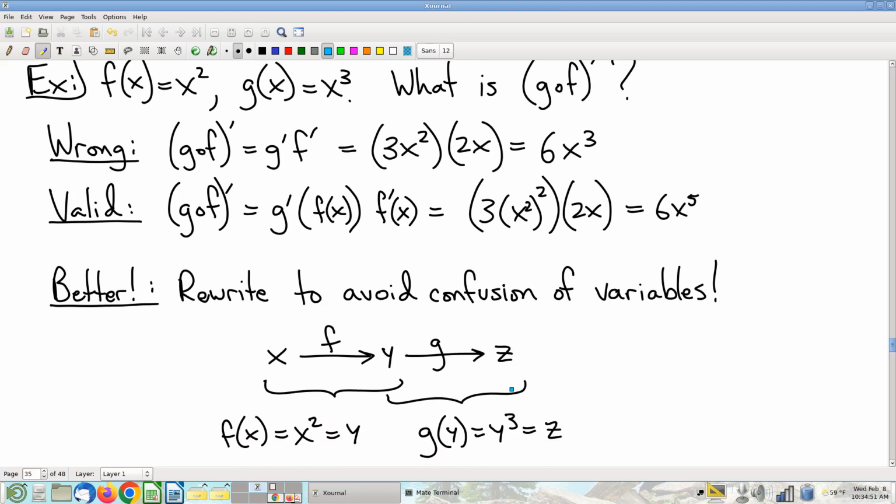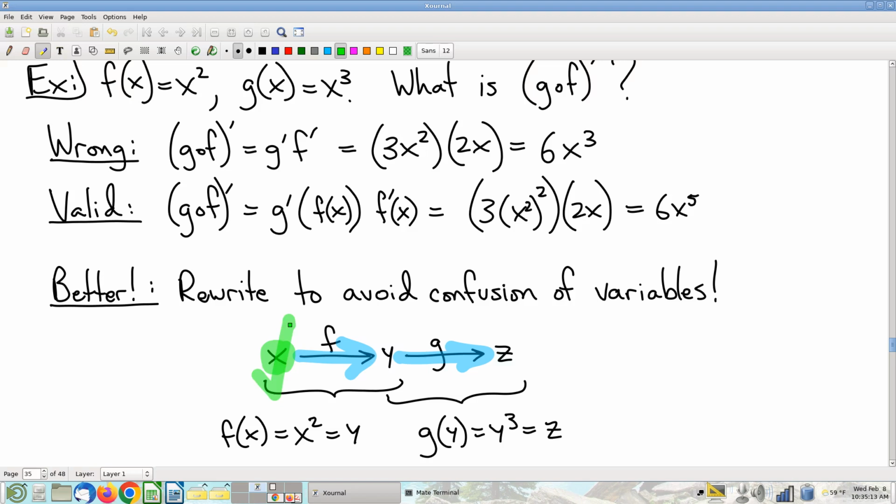We see this most easily, I think, by actually drawing what we mean when we say a composition. If you're going to compose g and f, well here you go, there's f, there's g, and if we're going to give names to the variables in these various places, as soon as I call this x, then x is here.